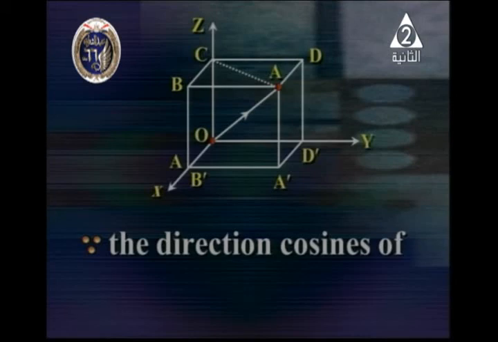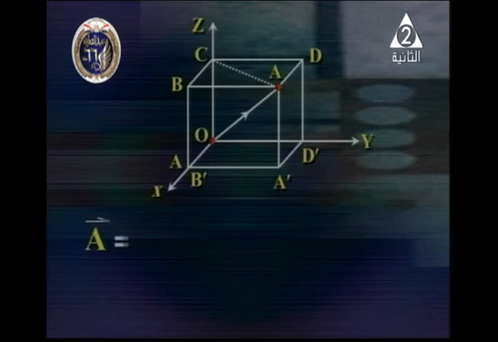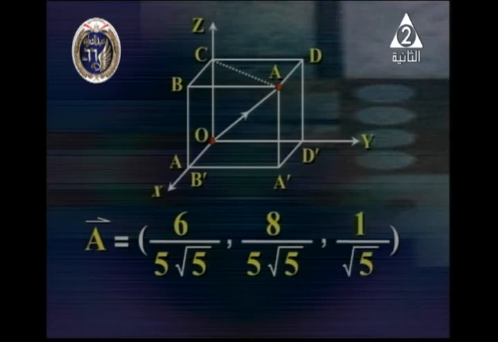Then the direction cosines of the vector A equal what? As the form 6 over 5 root 5, 8 over 5 root 5, 1 over root 5. These are the cosines of the direction angles of A.